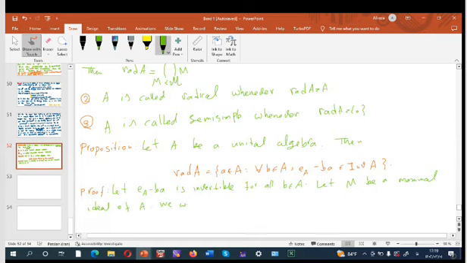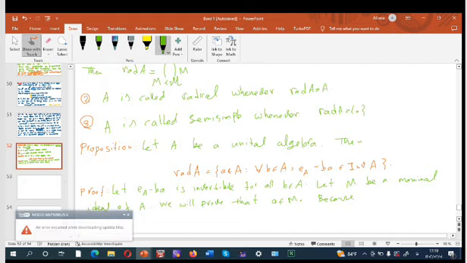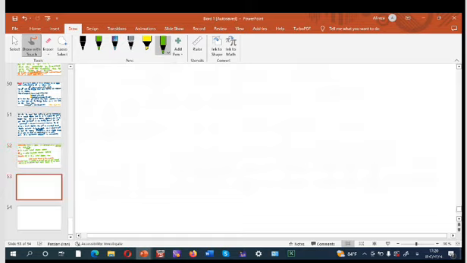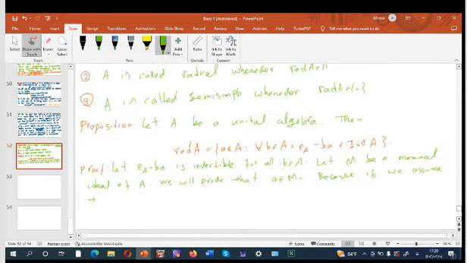We will prove that a must belong to this M. Because by contradiction, if we assume that a does not belong to M, since we see that M plus A is an ideal in A containing M.